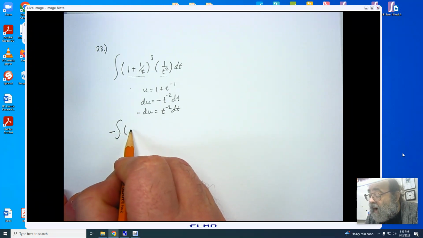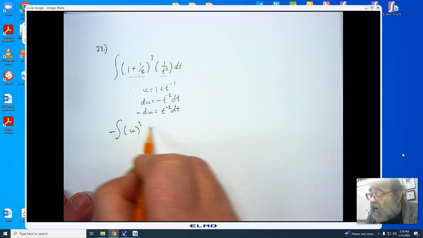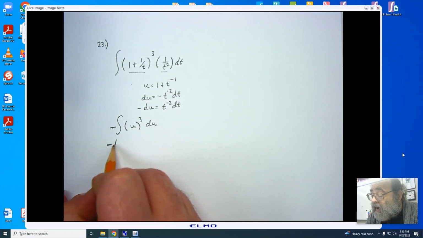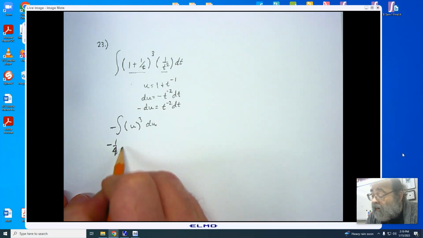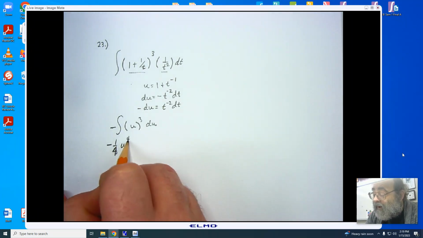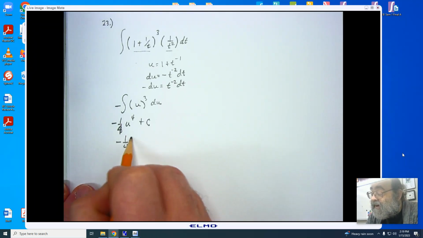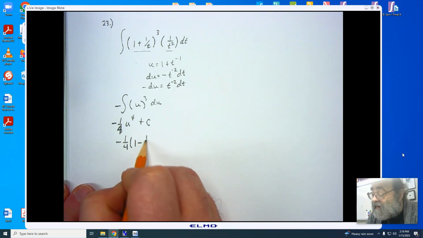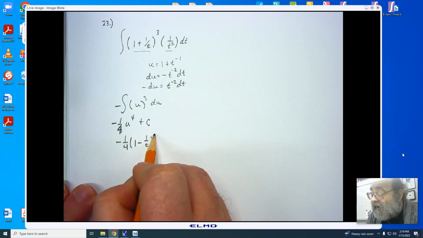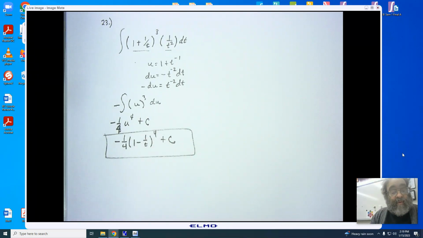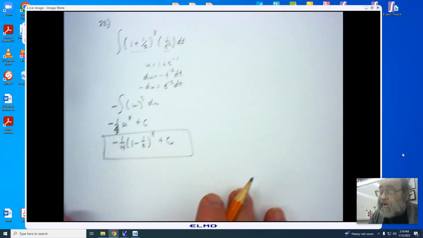I then have u to the third power, and du. We can now do our 1/4 u to the fourth power plus c, and then we back substitute as we did before. And there's my answer. Once again, please feel free to double check by doing your differentiation.